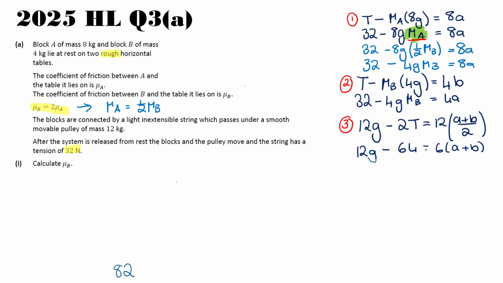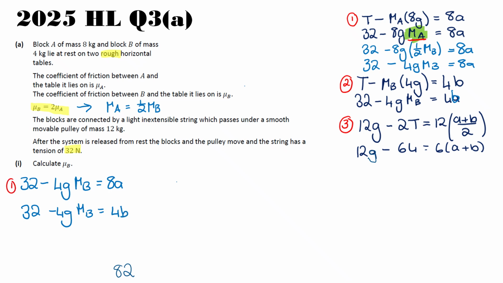So let's take a look at the equations we're working with. So we have 32 minus 4g mu b is equal to 8a. We also have 32 minus 4g mu b is equal to 4b.